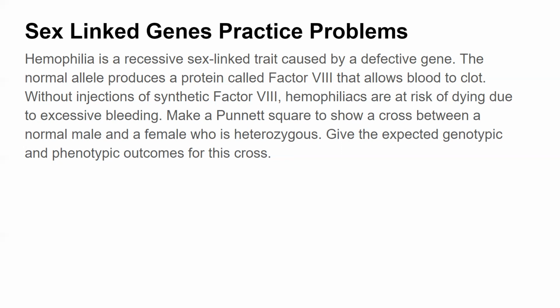So we have 25%. What's X big H, X big H? Homo. Normal. Normal female. She is not a carrier. She does not have the disease. She is normal. Okay? Let's do the others in this order. We have 25%.